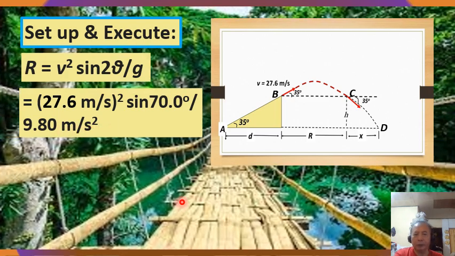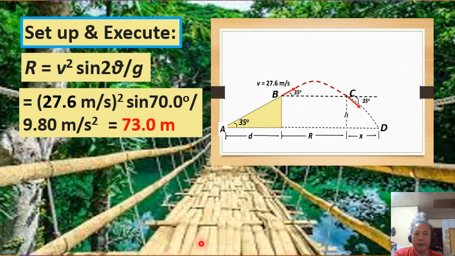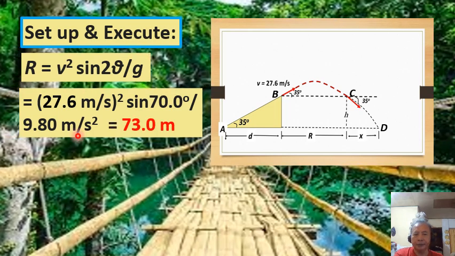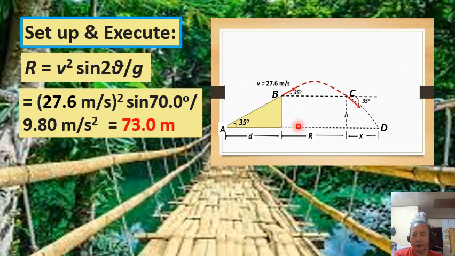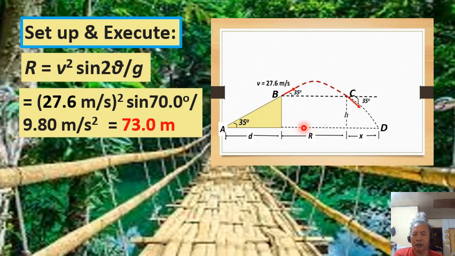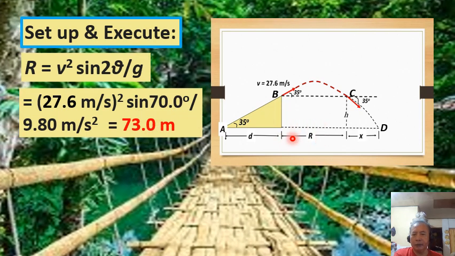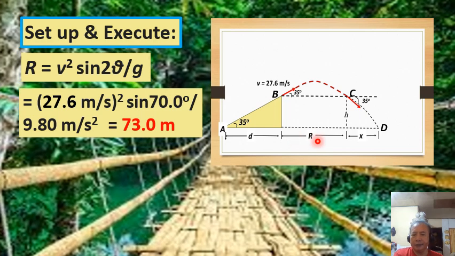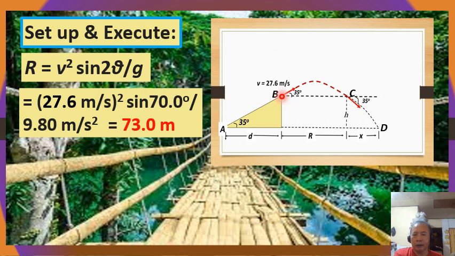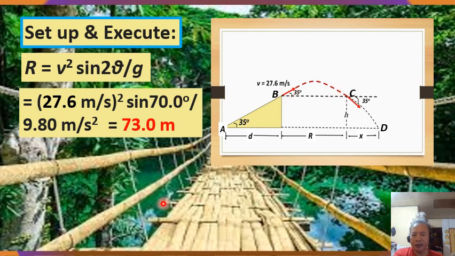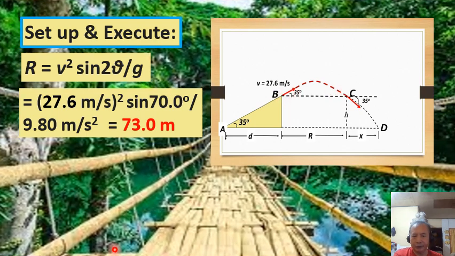So again, with the help of your calculator, we find the value of big R equal to 73.0 meters. All right. Take note that is just the value of the big R, or the horizontal distance from point B to point C, right?